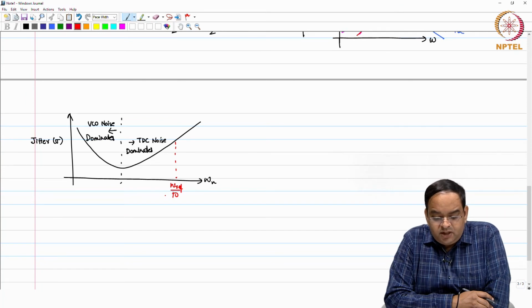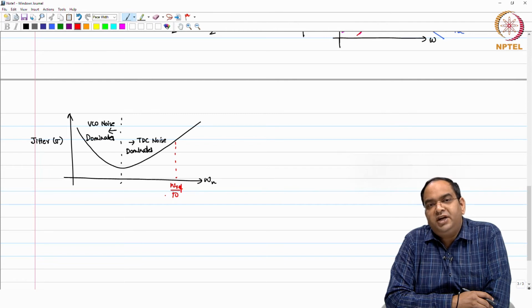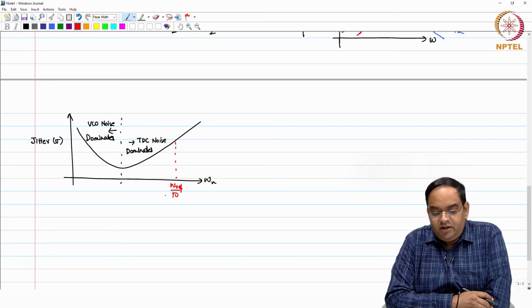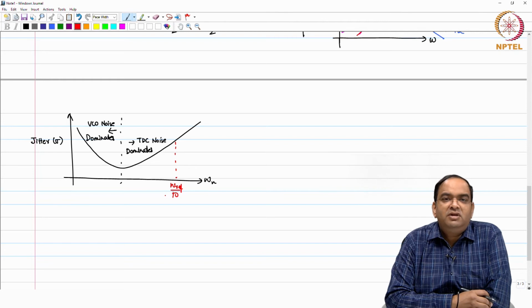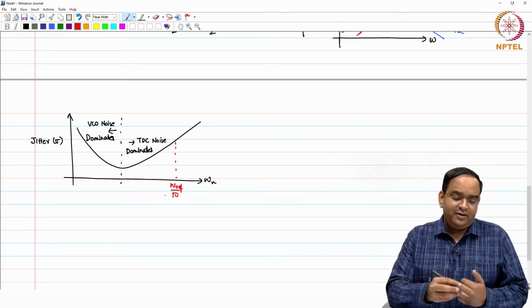But because you reduce the bandwidth of the PLL to reduce the TDC noise, you have to burn more power in the oscillator to reduce the VCO's noise contribution, because the TDC requires lower bandwidth and lower bandwidth increases VCO's phase noise. So, there is a direct trade off.